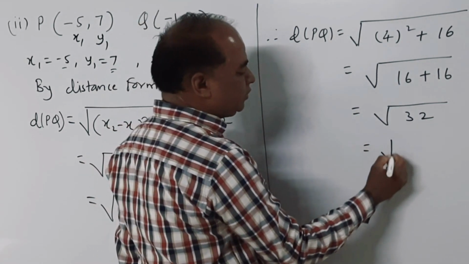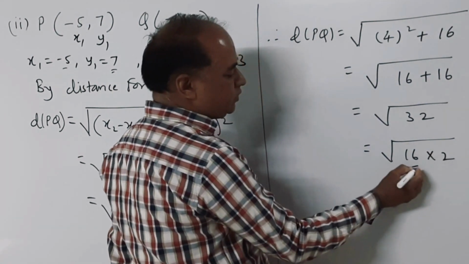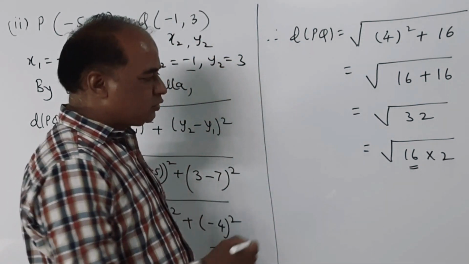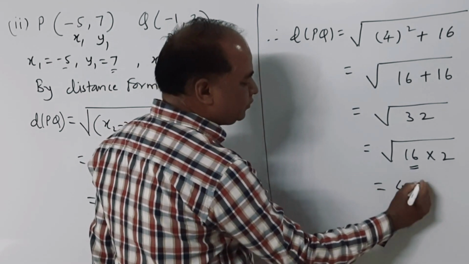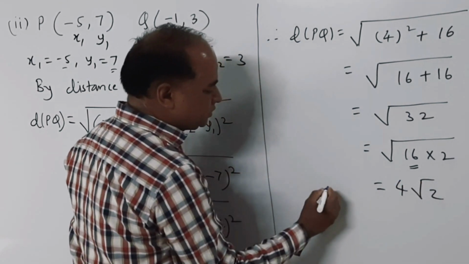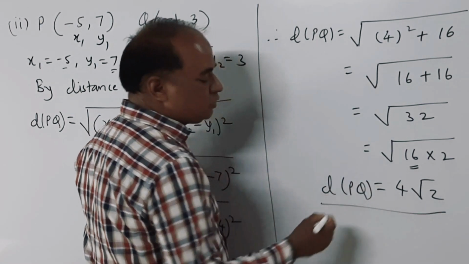Now factors of 32: 16 times 2 is 32, square root of 16 is 4, so 4 root 2. So distance PQ is equal to 4 root 2 units.